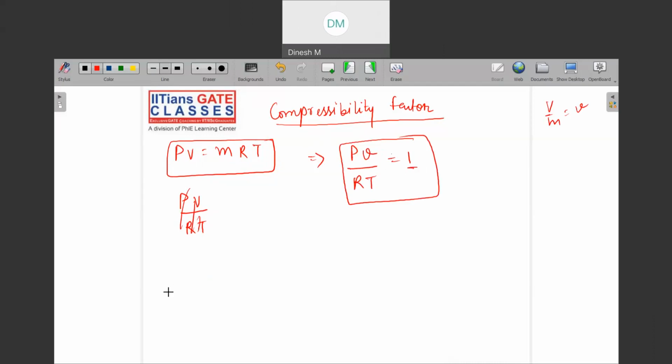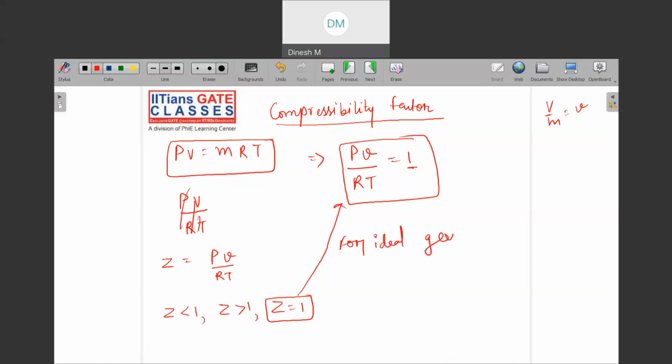So what about real gases? This is the thing called the compressibility factor. I define the compressibility factor Z as PV upon RT. What is known to us is that this Z value can be less than 1, greater than 1, and it can be equal to 1 also. So the compressibility factor is equal to 1 for an ideal gas.